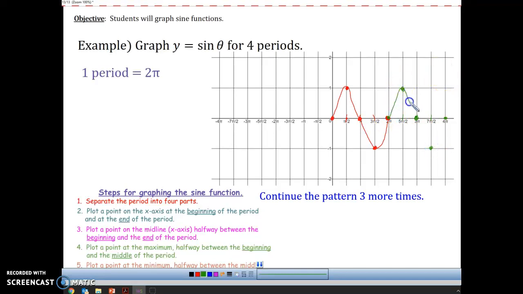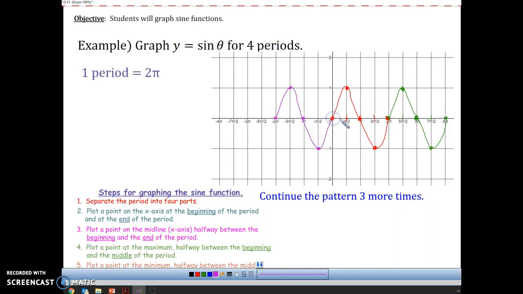So my function, there's 1 period. And then I need 2 more periods, right? That's 2 periods, so I need 2 more. So now I can go back 2 pi. It works just the same. But instead of starting with a maximum this way, this has got to be a minimum. This would be a maximum.